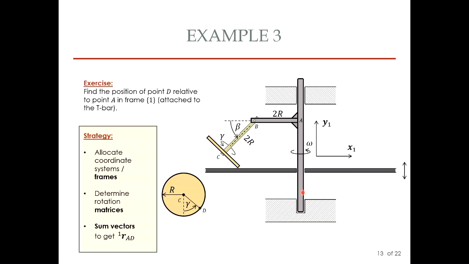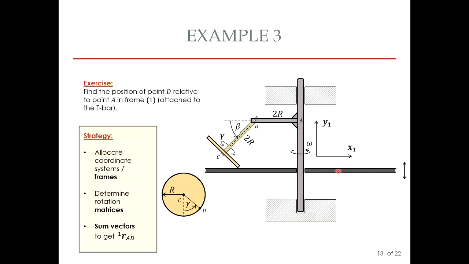There is no frame 0 attached to anything here. And the question asks you to find this vector going from A to D, RAD, in this rotating frame 1, which is fine. So if you go from A to B, this is parallel to, well, opposite direction of x1.